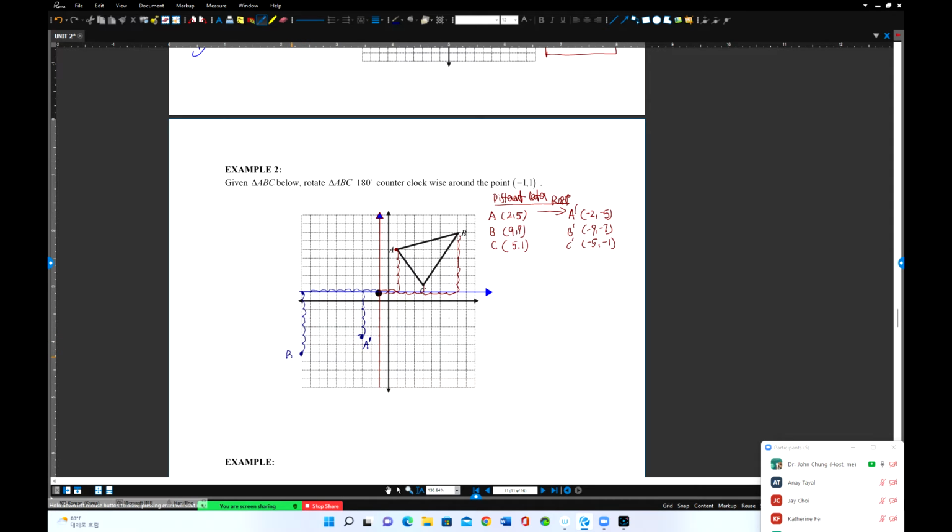This is B prime. C prime is negative 5, negative 1. This is C prime. I'm gonna connect them, and you can see it's actually a 180-degree rotation.